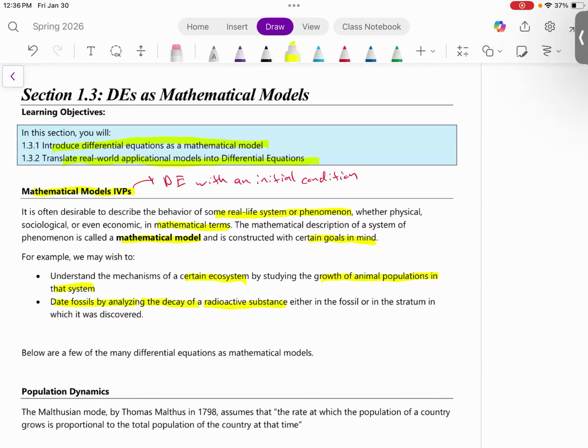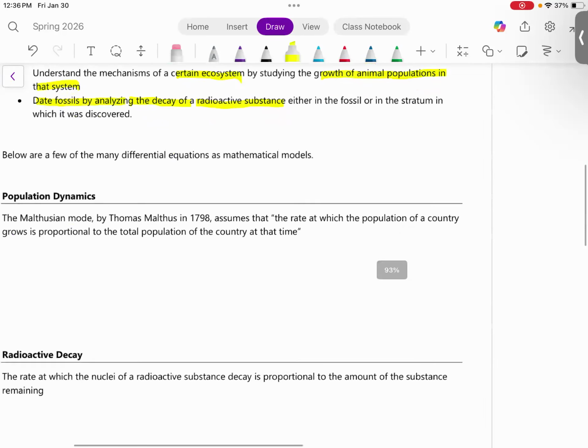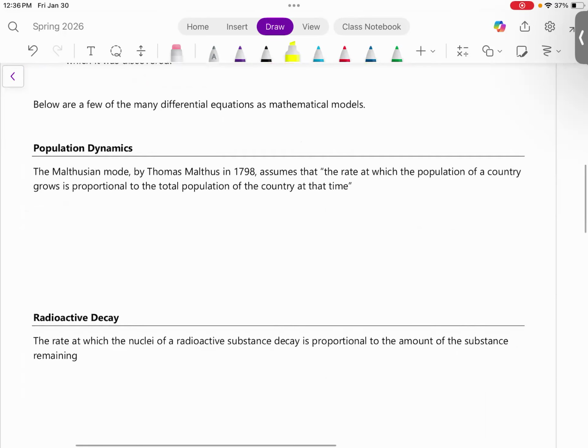What we're going to do is see different types of real world situations and develop these differential equations as mathematical models. So let's look at the first example, which is going to be population dynamics.